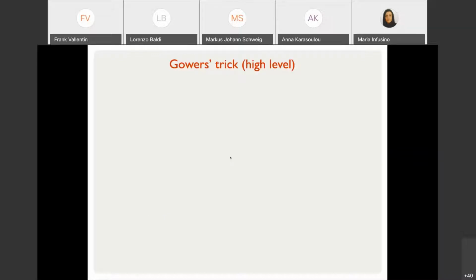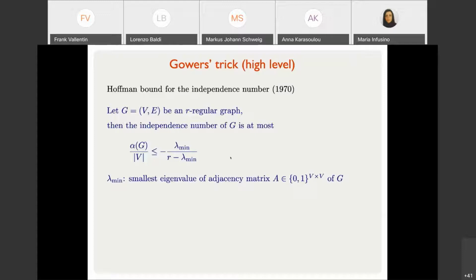And here's Gowers' trick in a high-level version, and here's also the argument why I think the problem is related to POEMA. The Gowers trick is essentially an analog of the Hoffman bound for the independence number of a graph. So suppose you have an r-regular graph with vertices V and edges E. Then the independence number of the graph, the size of the largest independent set, a set which doesn't contain an edge, is bounded as follows.